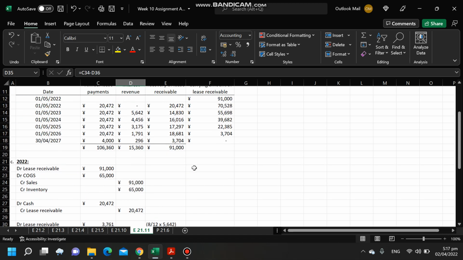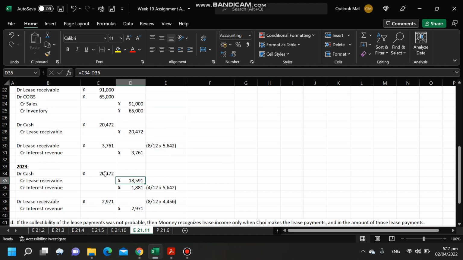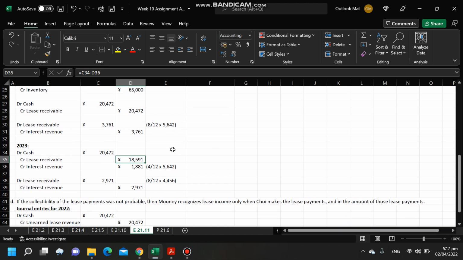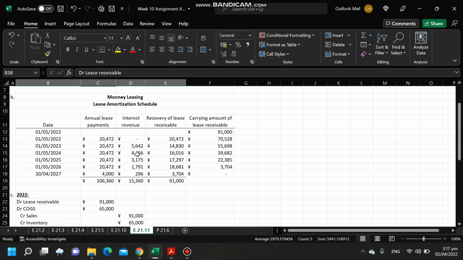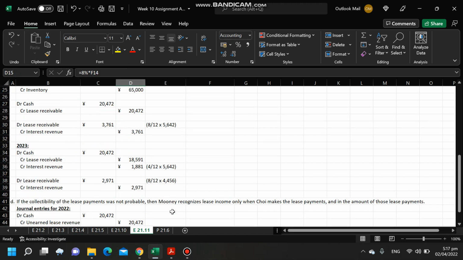The lease receivable is 20,472 minus the 1,881, and you will get 18,591. Then you will do the adjusting entries again for the next year's interest revenue, so still 8/12 times 4,456. Debit lease receivable, credit interest revenue 2,971.